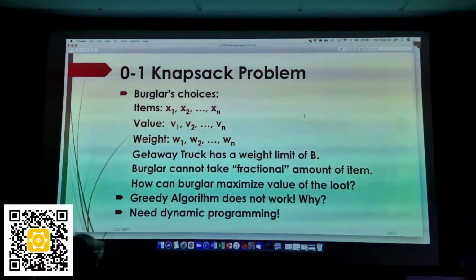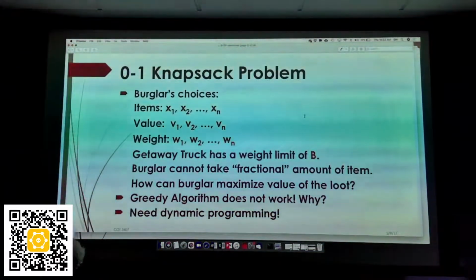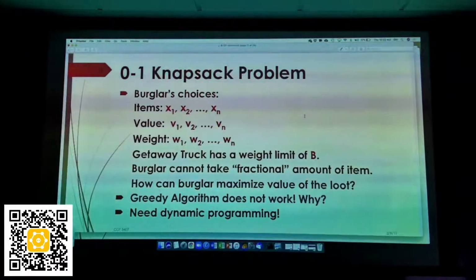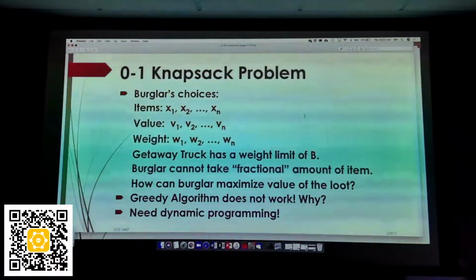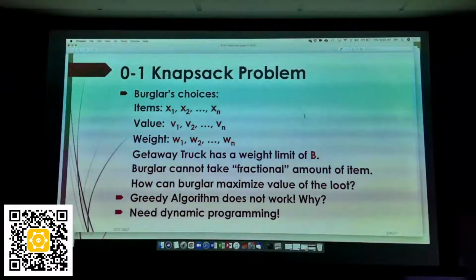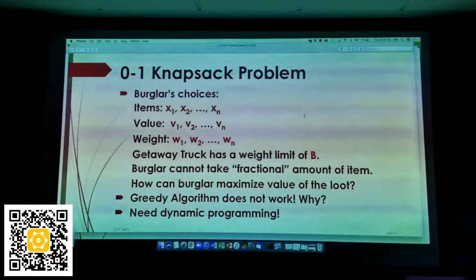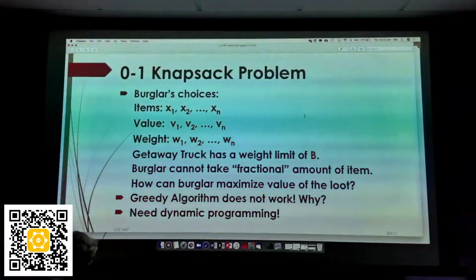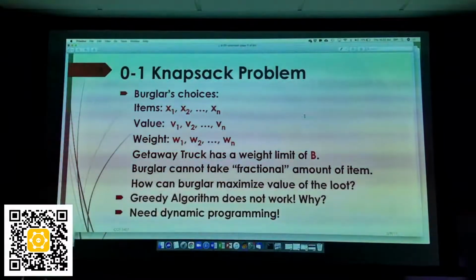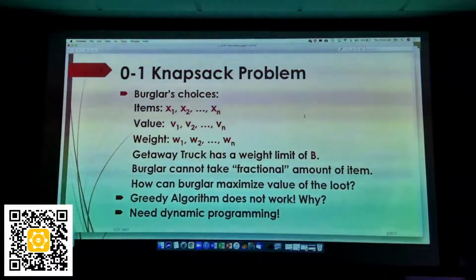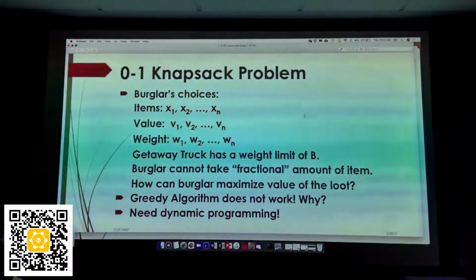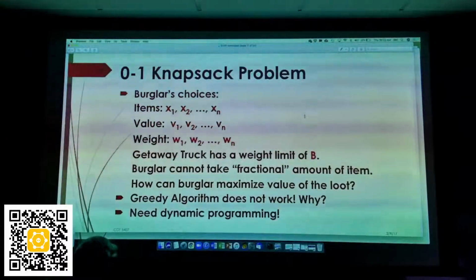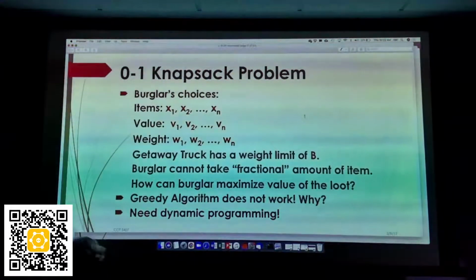So the problem has to do with the fact that you either have to take it or not take it. So even though the value per weight may be the largest for one item, it's possible that it occupies a lot of space. And so let's say this is the Toyota truck. And let's say that I have one item that has great value per weight, and it occupies this much of the Toyota truck's weight.